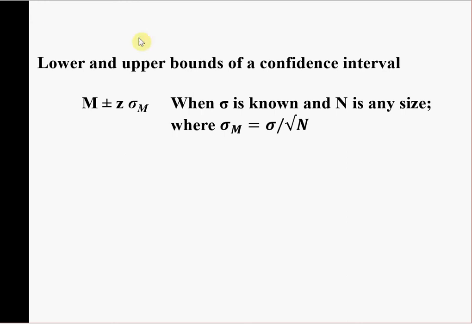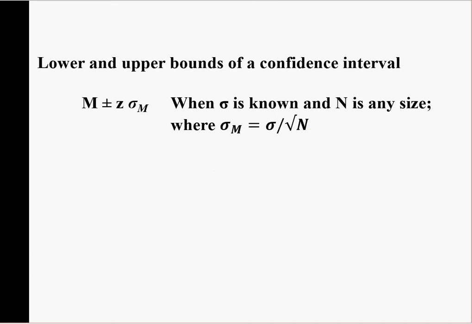We use this expression to calculate the lower bound and upper bound, which involves z-scores and the accurate standard error. We use it when we know the population standard deviation, and the sample could be any size, large or small, it doesn't matter. Here the standard error is the population standard deviation divided by the square root of sample size.